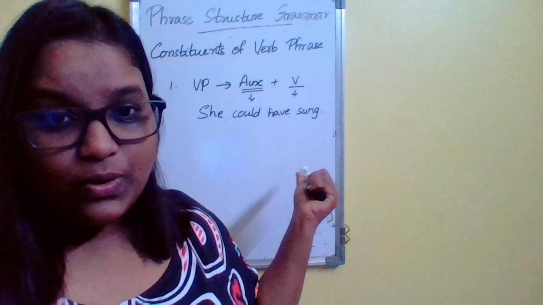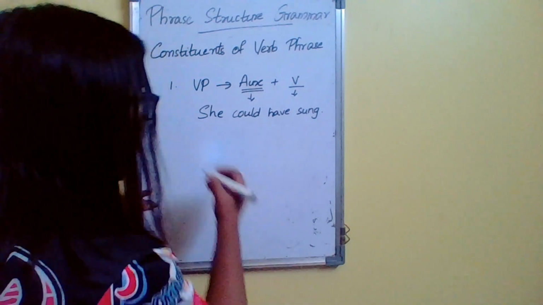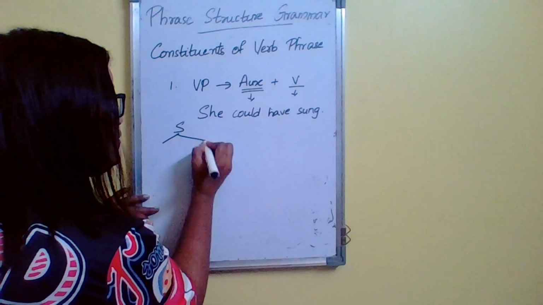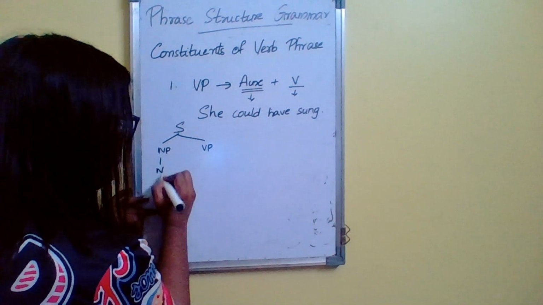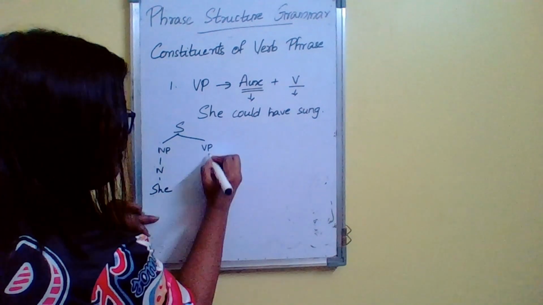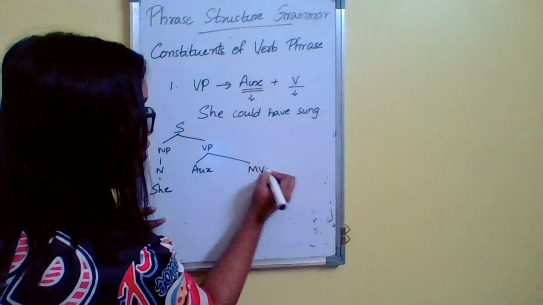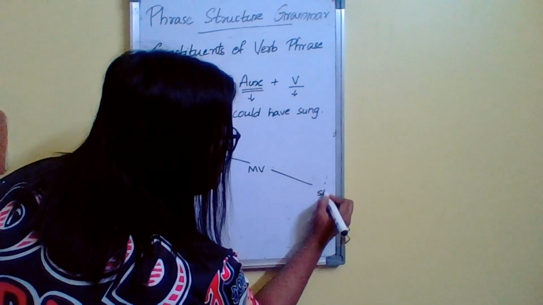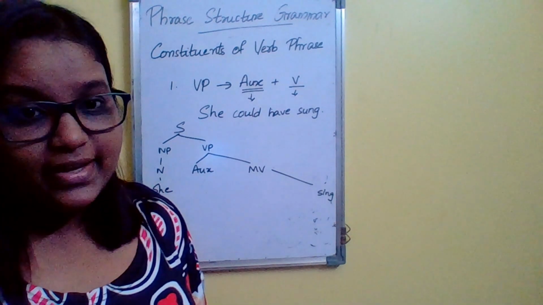Now let's do a tree diagram analysis of this particular sentence. So again, S is equal to NP plus VP. NP is a noun, she. VP is auxiliary plus main verb. Let's remove our main verb sing first of all. And now let's focus on the auxiliary.